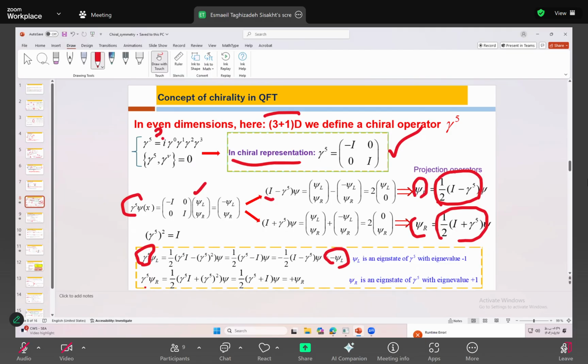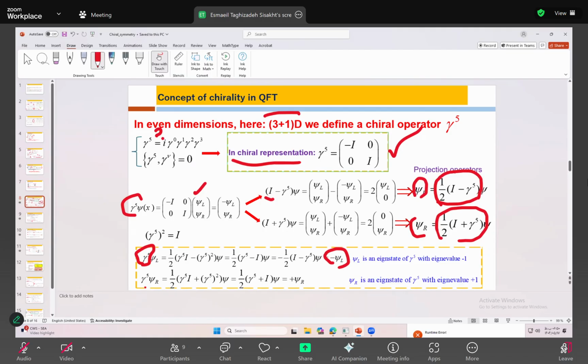So overall, we can say that the chiral operator here selects different left-handed and right-handed states in the total spinor. I mean, the chiral operator is acting like a selecting operator to give the left-handed state or the right-handed state.